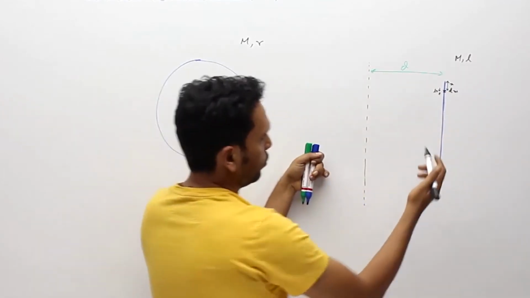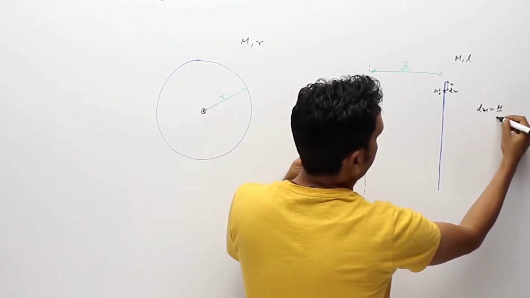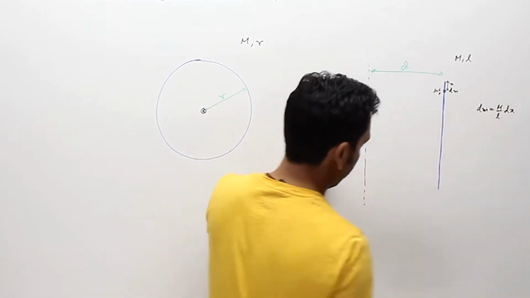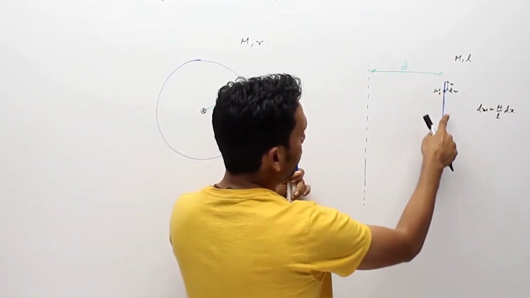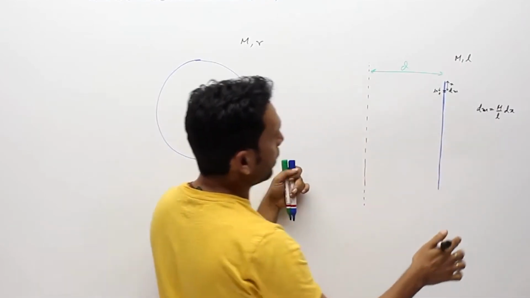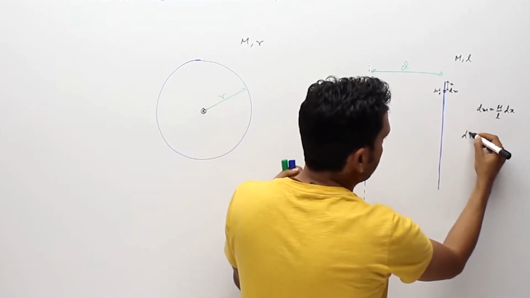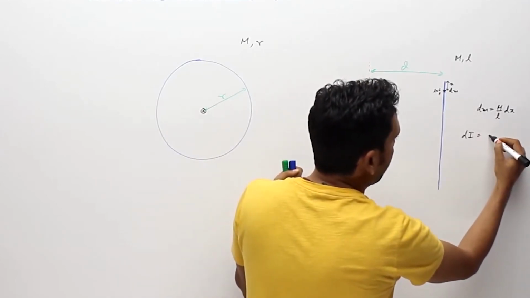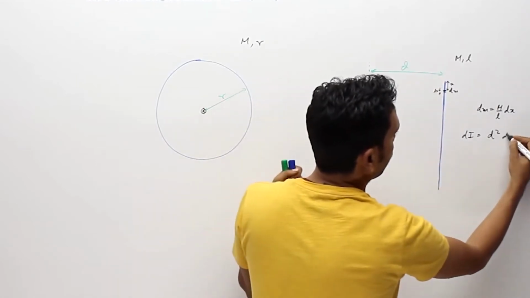Your dm is, again, as I said earlier, m by l dx. And what's the distance of all these dm's from the axis? The distance of all the dm's from the axis is d again. It is d only, it's not changing. So your dI is d square, that's the distance, into dm.